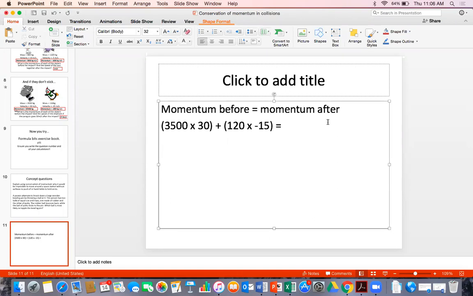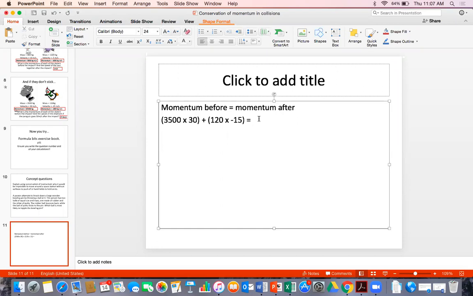And this is equal to after collision: the elephant is still 3,500, but I don't know the speed. I put y here because x is already used, plus the penguin speed, which is times 50. See, the difference between the questions before and this question is I cannot add 3,500 with 120 because they don't stick together. In the other questions, you added the mass together and then you just found the velocity straight away.